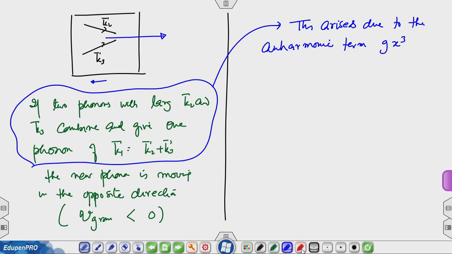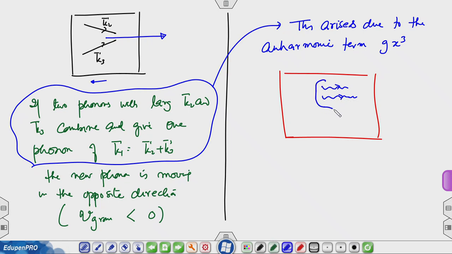So, let us see what is happening if I make this Brillouin zone again. I had one phonon going this way, one phonon going this way, little different k, and they combined, these two combined and gave a new phonon which is traveling the other way.